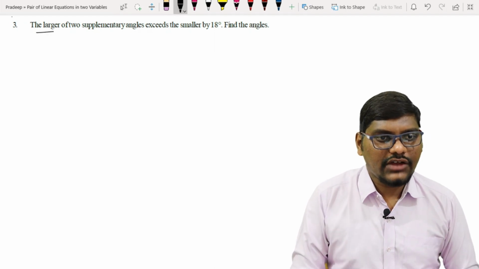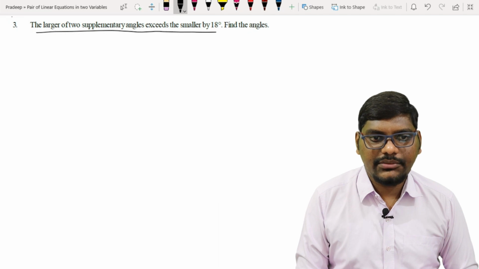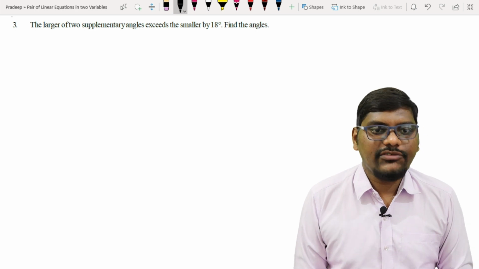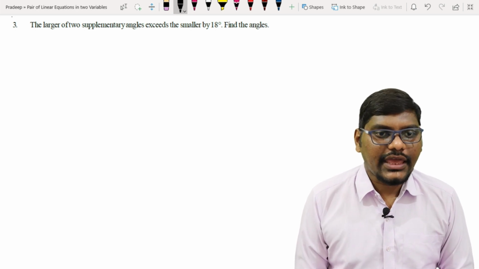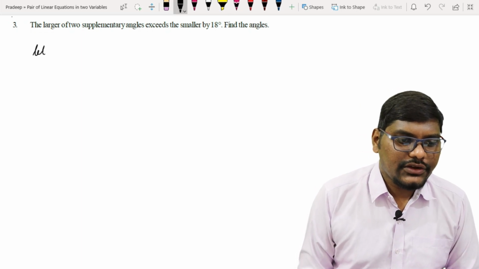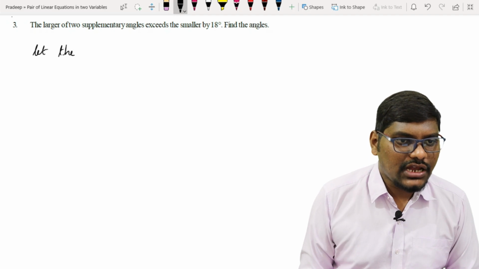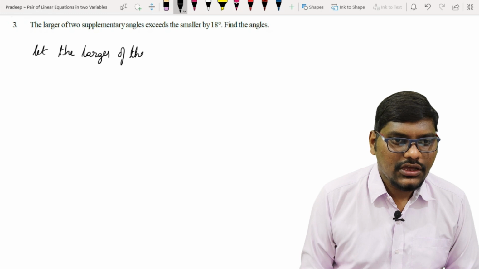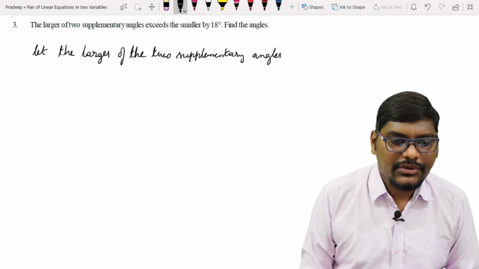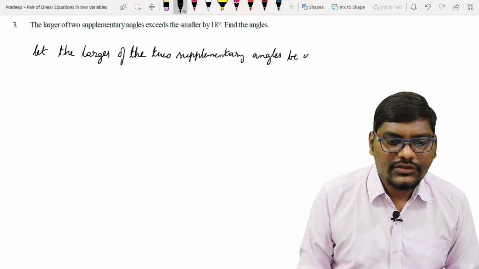The question says the larger of 2 supplementary angles exceeds the smaller by 18 degrees. Find the angles. So now they are asking, there will be 2 angles, supplementary angles they are saying. So I can write, let the larger of the 2 supplementary angles be y.